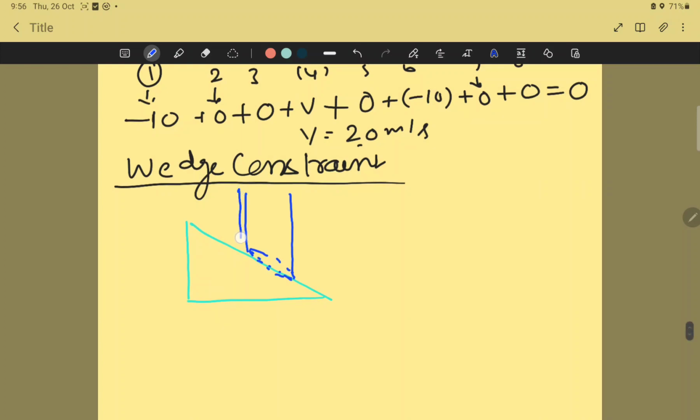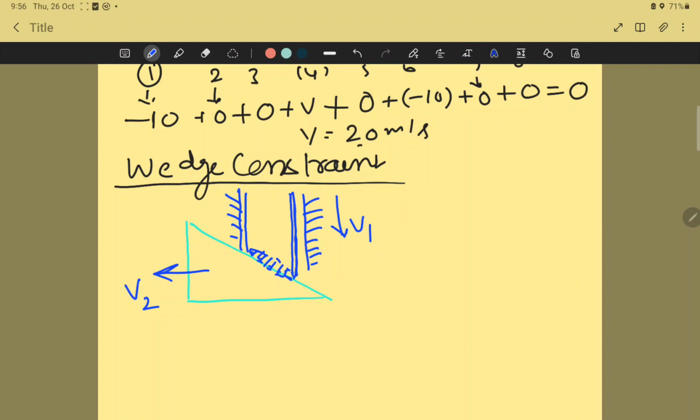Now this is in between of some constraint, and once the block is moving with velocity v1, so it will push, and by this way this block is moving with velocity v2, let's say v1 and v2.